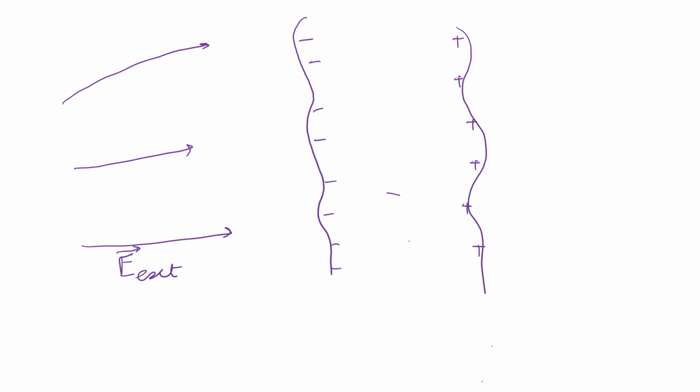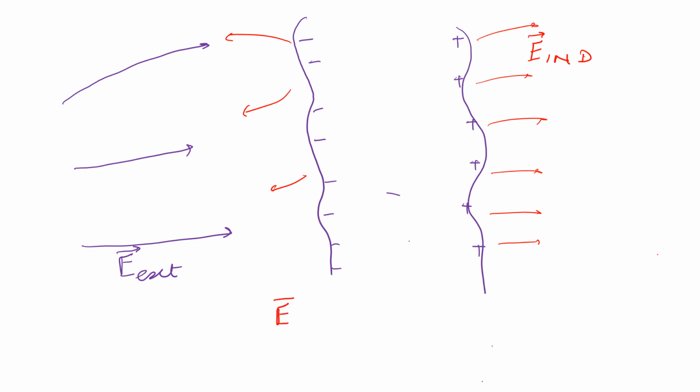So now I have started creating an induced electric field outside too. So there is an induced electric field, and the total electric field would be E external plus E induced. That would give me the total electric field on any conductor.